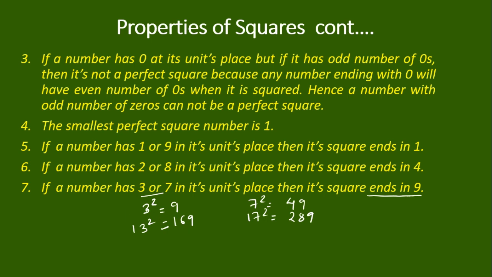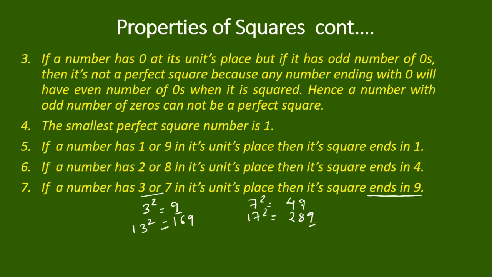So here you can see when I'm finding out 3 square or 13 square, I'm ending up with a number which has 9 in its units place. Similarly, 7 square and 17 square also have 9 in their units place.